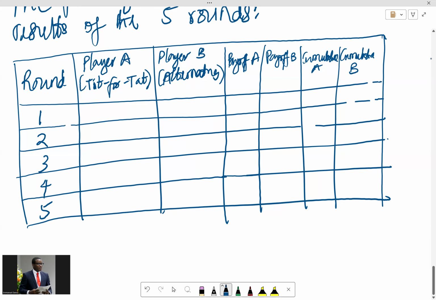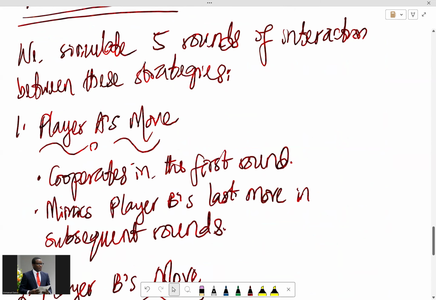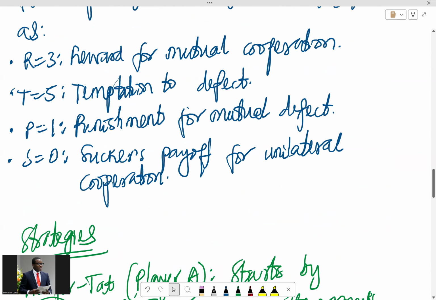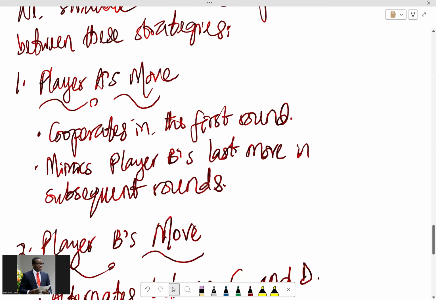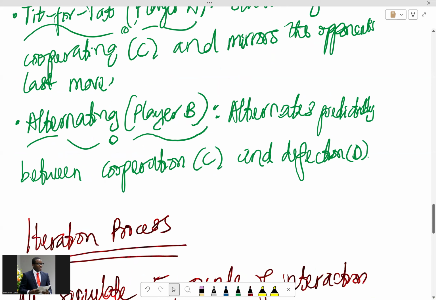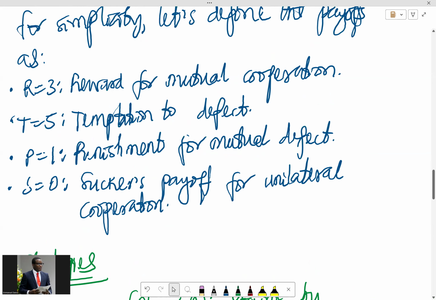For player A, player A starts by cooperating, but then player B is wicked, so to speak, and defects. Remember, if there's one-sided cooperation, the sucker who cooperates gets 0, and the defector gets 5 points.